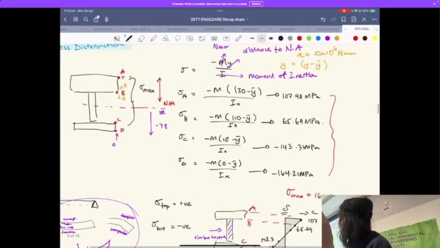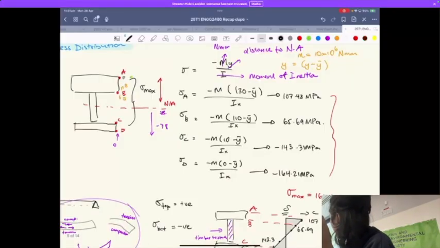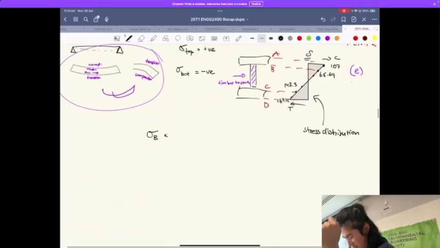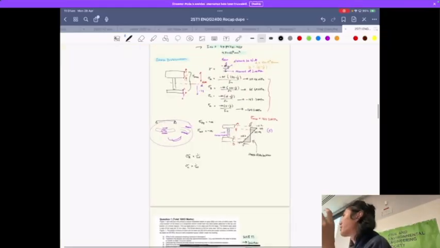In this, tension is positive. You just flipped your slides again? Yeah, I just flipped it. Okay. Would you be dividing by 1/20? No, you're just multiplying by 1/20.